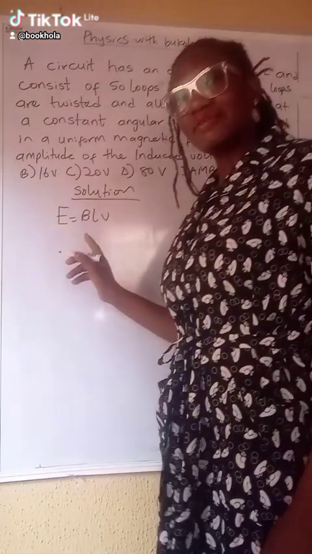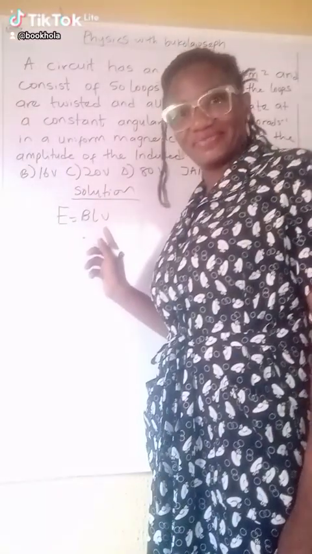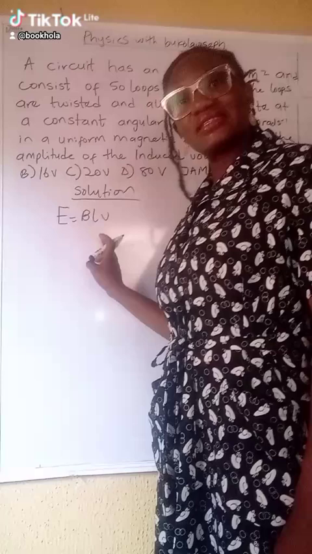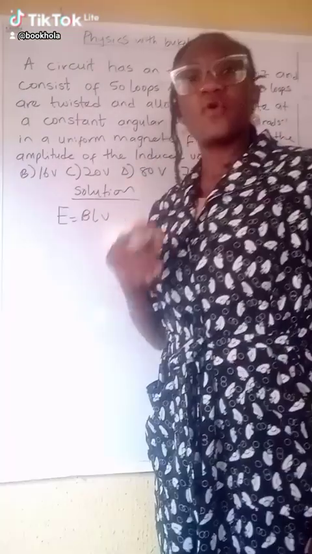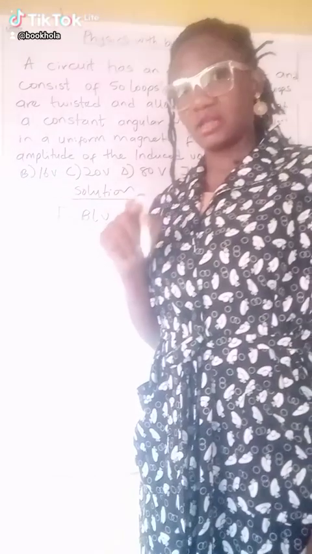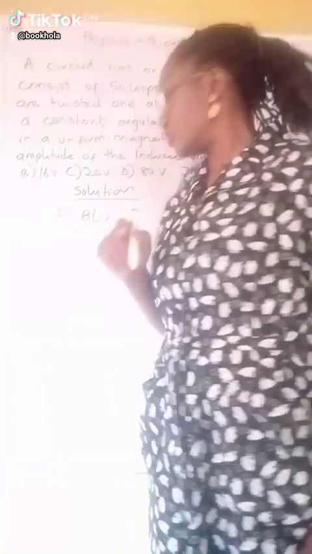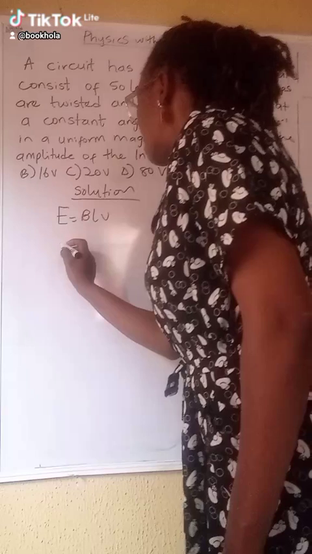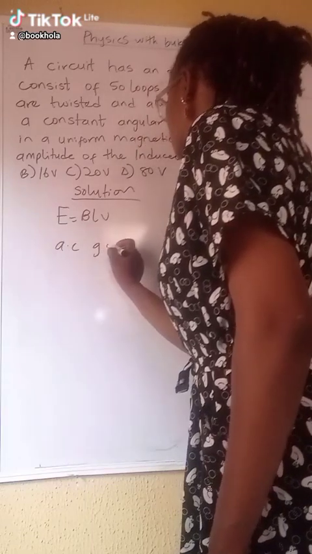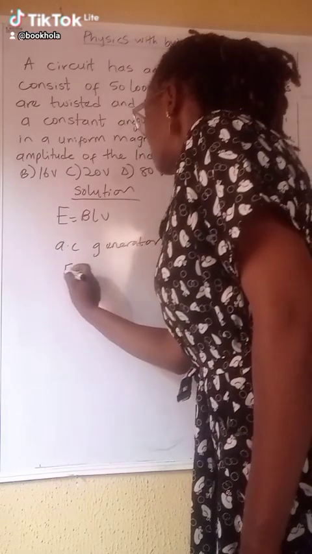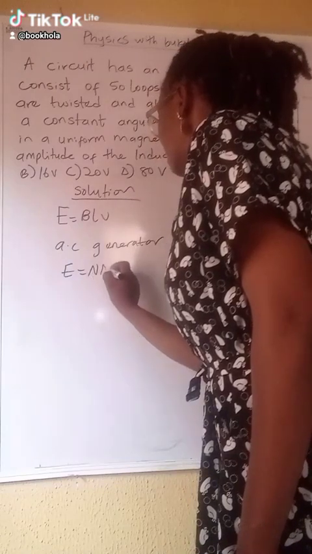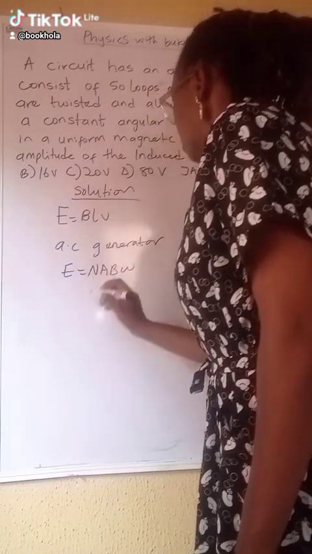This looks like the short form of "believe", but believe me, it is not "believe". This is BLV. All these letters you are seeing have a name, and we'll be doing that. Now for an AC generator, the electromotive force is given as E equals NABW.